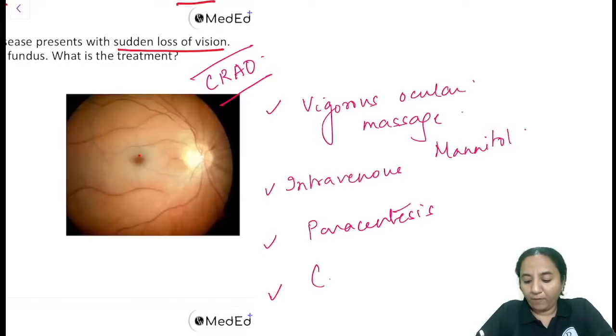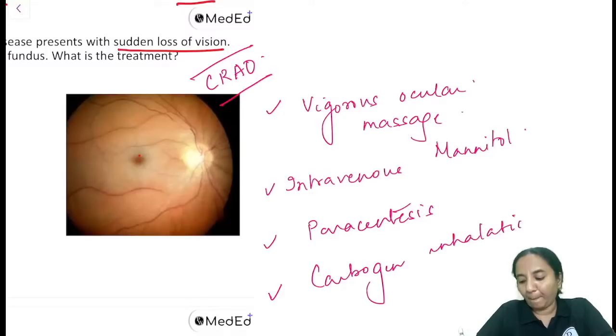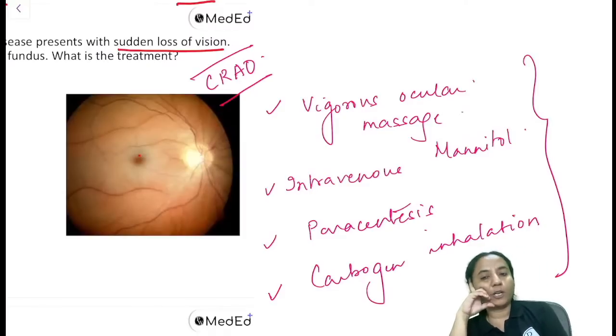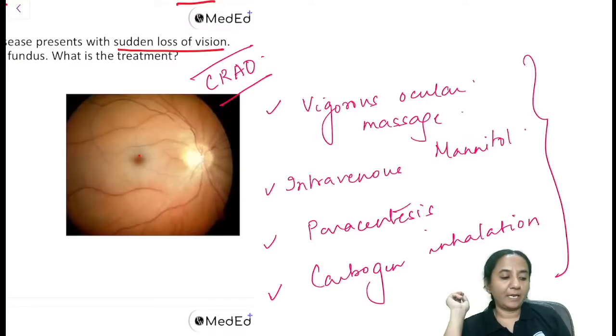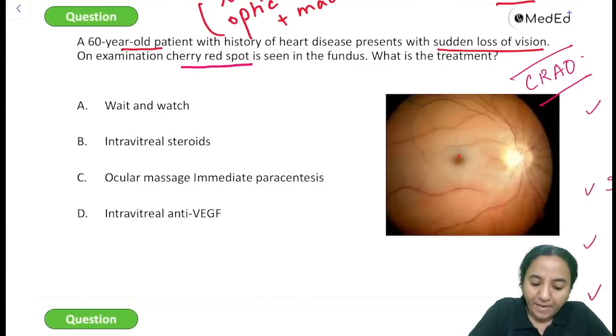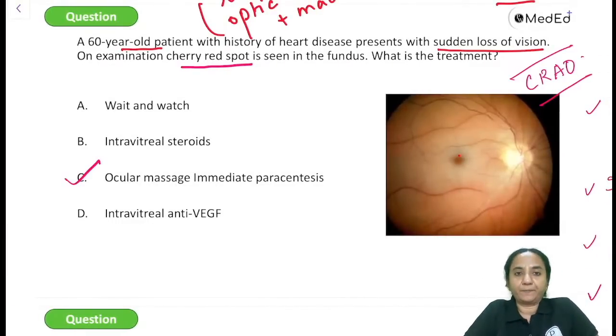And we also give inhalation of carbogen. Why? Because carbogen is a vasodilator. So these are the treatment options for CRAO. Vigorous ocular massage, mannitol if the patient is not a patient of cardiovascular disease, paracentesis and carbogen inhalation. So out of these, here what is it? Yes, ocular massage and paracentesis. This is our answer.